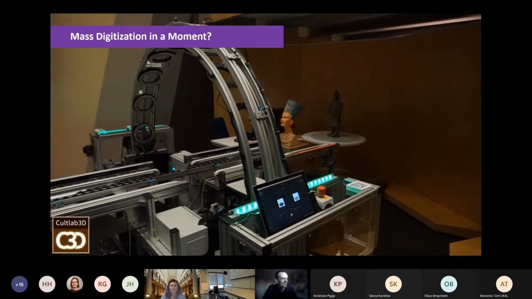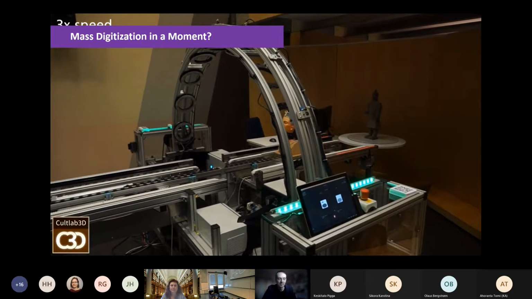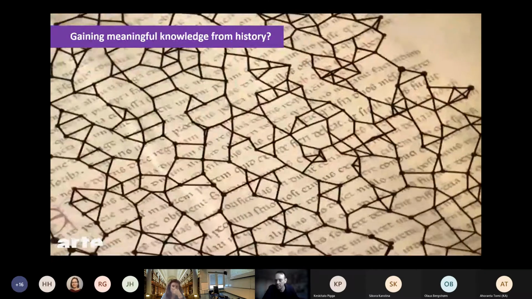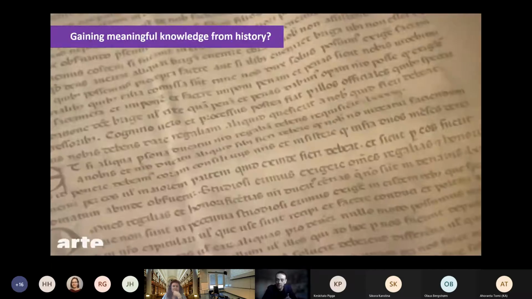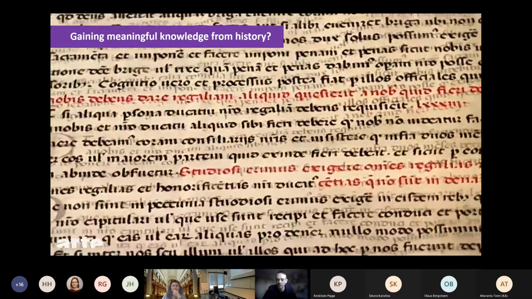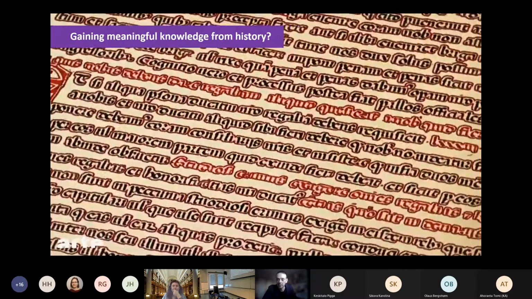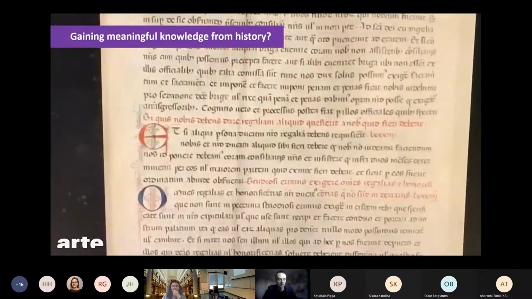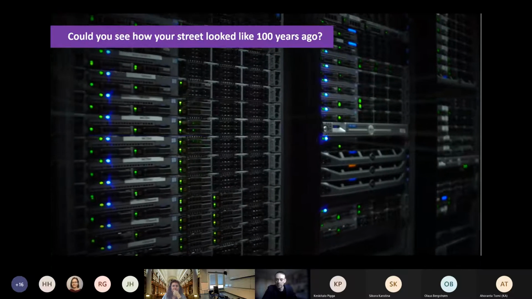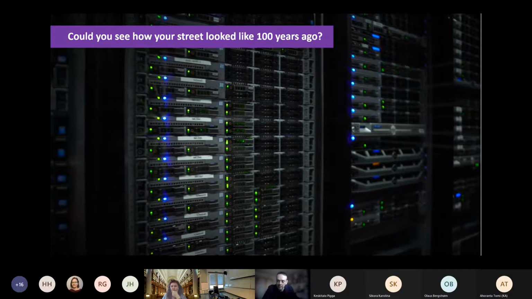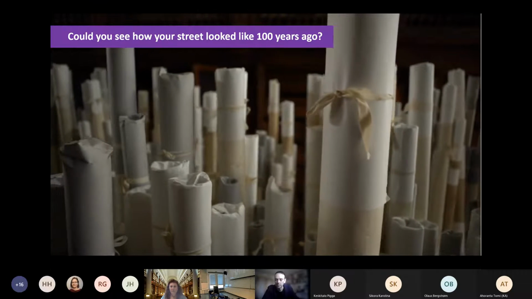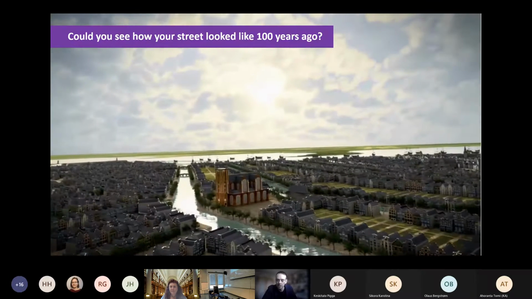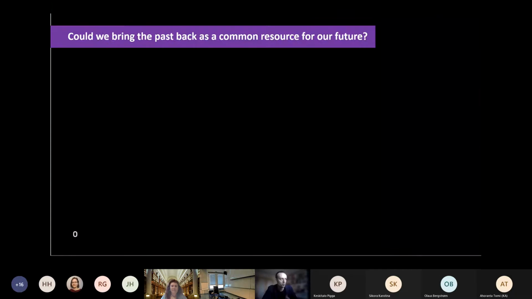So what if mass digitization would be possible in a moment? Or if accessing documents, having a semantic enrichment of all those data sets, were easy to conceive and easy to do, and with high automation, of course. And it's a question of how to make these data sets accessible, how to provide access to this kind of information in multiple ways.